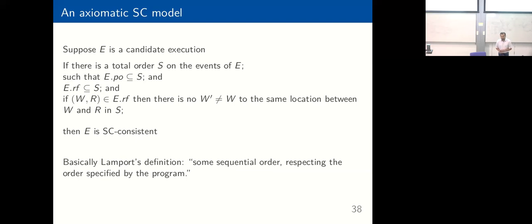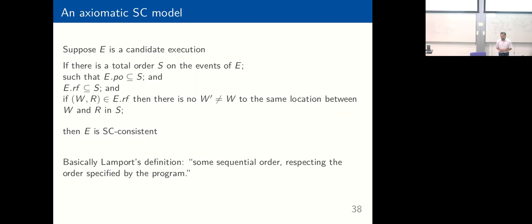But before I get into that, remember the total order S, that's coming from Lamport's definition of saying, if there is some linear order, right? So if there exists such a total order S. Okay, the conditions then.